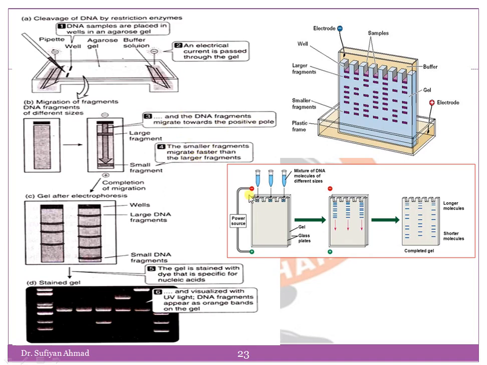When adequate migration has occurred, the DNA fragments are visualized by staining with ethidium bromide. This fluorescent dye intercalates between the bases of DNA and RNA. It is often incorporated into the gel so that staining occurs during the electrophoresis, but the gel can also be stained after the electrophoresis by soaking in a dilute solution of ethidium bromide.